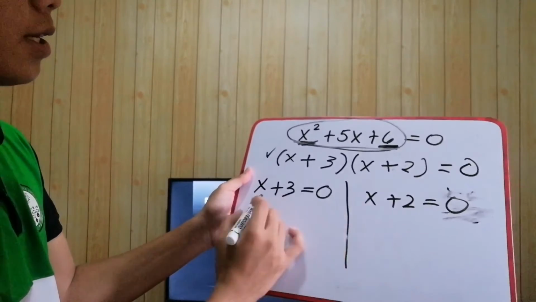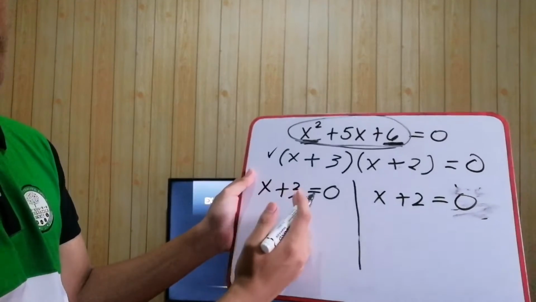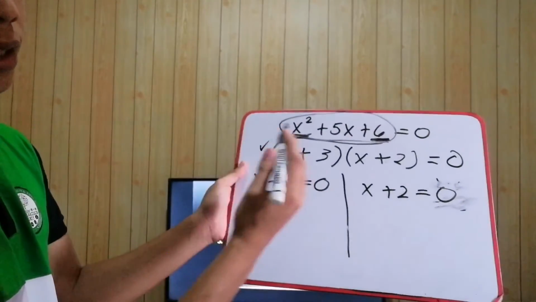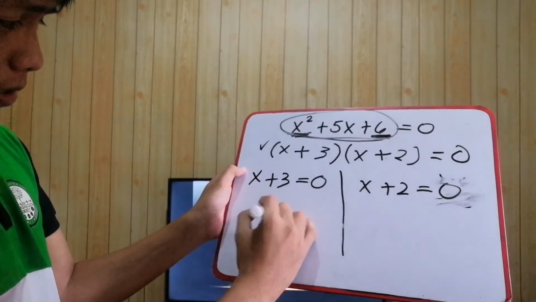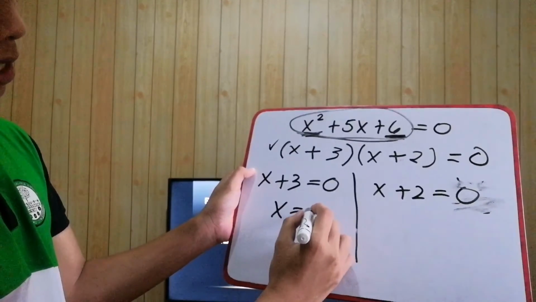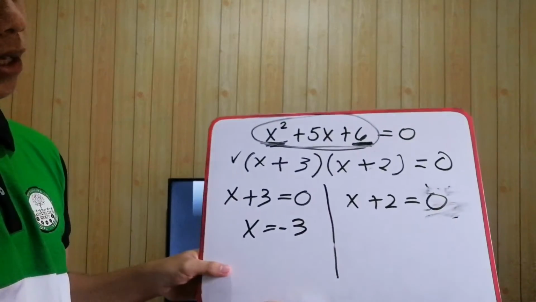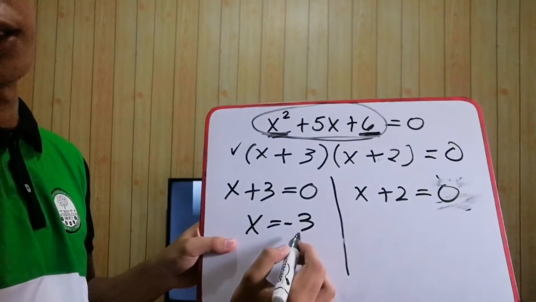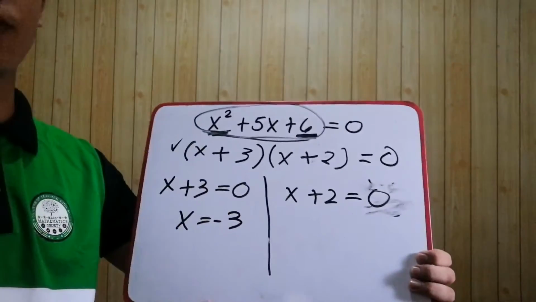So, let's get this. Dapat find the value of x. Dapat si x na matitira rin sa left side. So, ito ang magiging value ng x. Ito yung isang solution natin. So, bakit negative 3? Dinamita lang natin siya ng additive inverse.